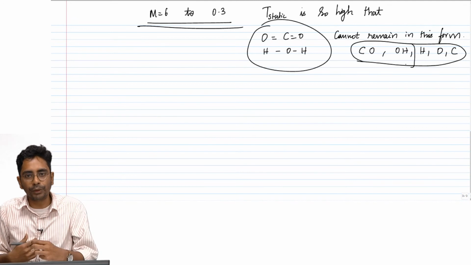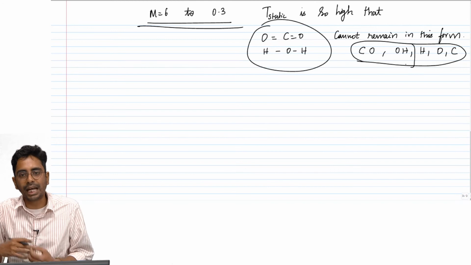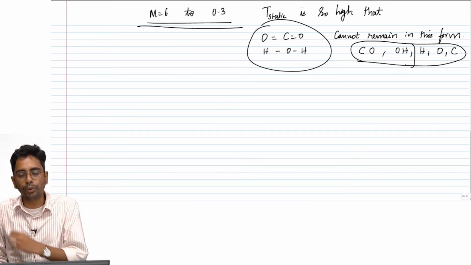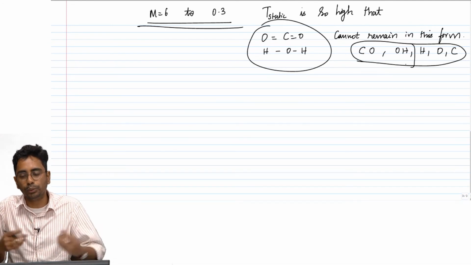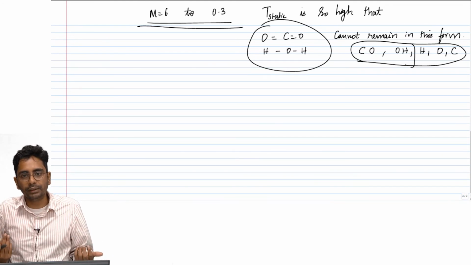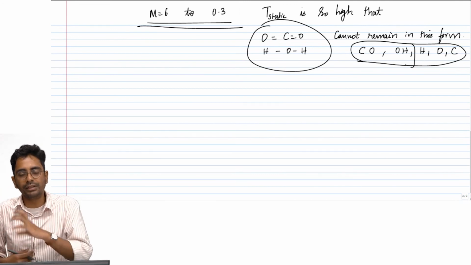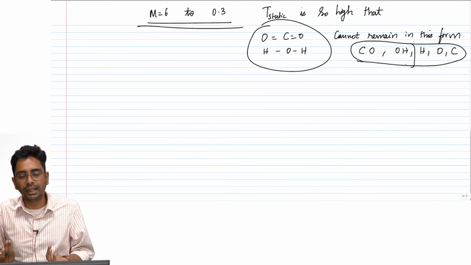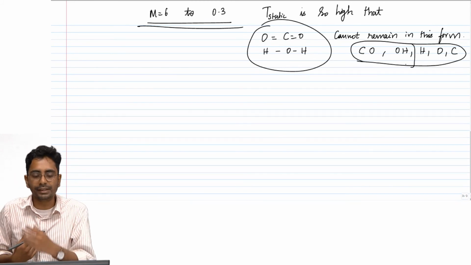You are adding fuel assuming that the reactions are net exothermic and it is going to increase the enthalpy of the flowing stream or the working medium, but if the temperatures are so high that you add fuel and nothing happens, the fuel simply decomposes into radicals and there is no net addition of enthalpy. And when there is no net addition of enthalpy, if this stream expands through the nozzle, you will not produce any net thrust. So this is the catch in accelerating to Mach numbers greater than 6 in a ramjet.